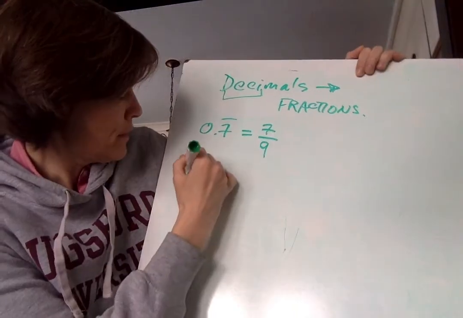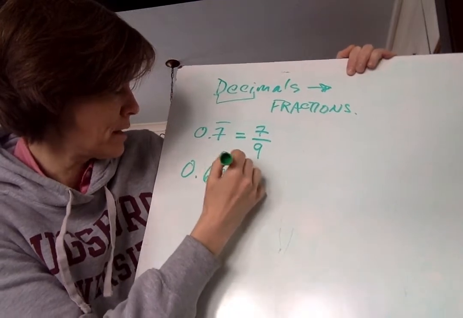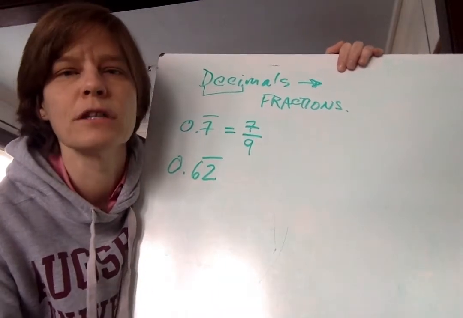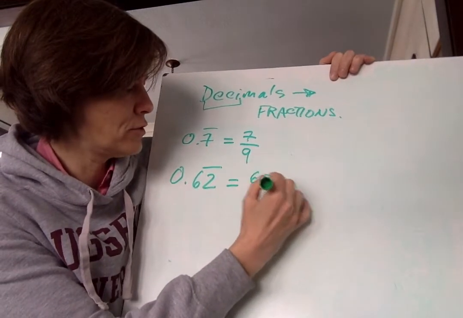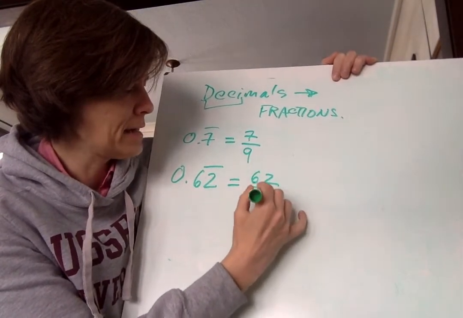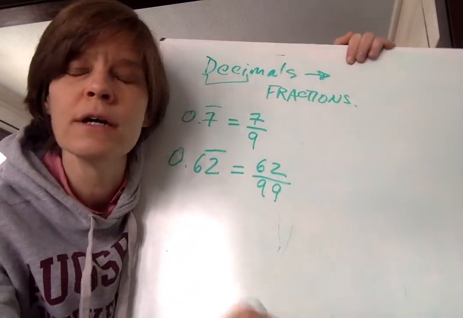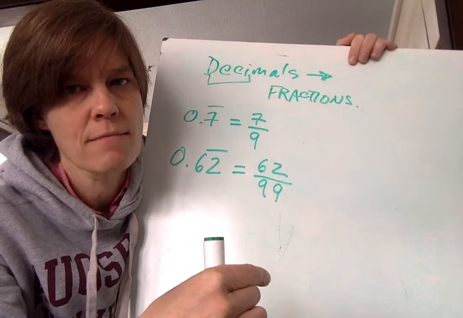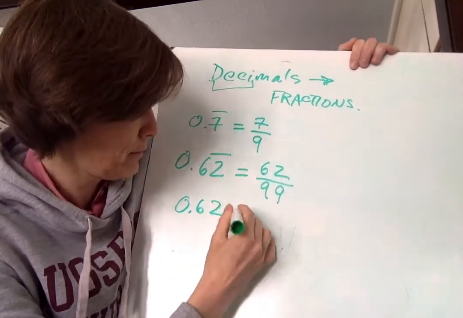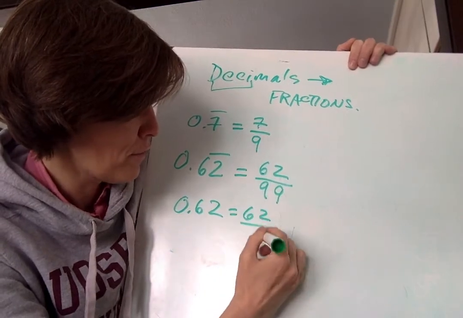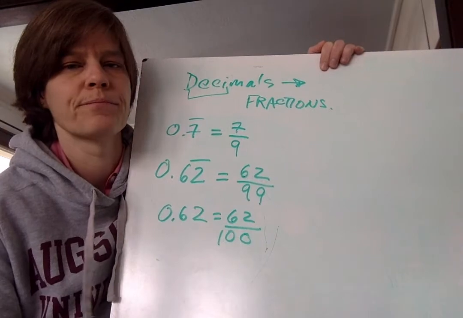Now, if you have, let's say, 0.62 repeating, like that, 62, 62, 62, that's going to be 62 divided by 99. Because remember, 0.62 without repeating is 62 over 100, the amount of zeros as there are digits plus a 1.